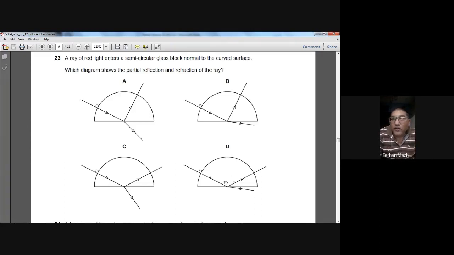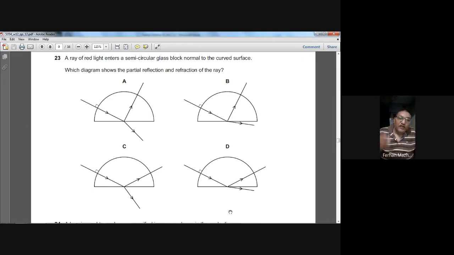And then you will observe when the light came out from the glass into the air, out of an optically dense medium into an optically rare medium, it was supposed to bend away from the normal, and in figure D, it has. So the right figure is D. I have explained to you the right figure, which was D.